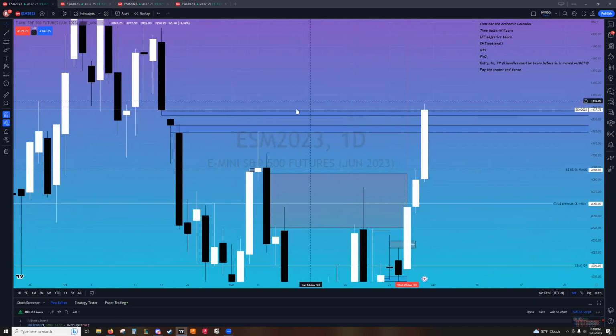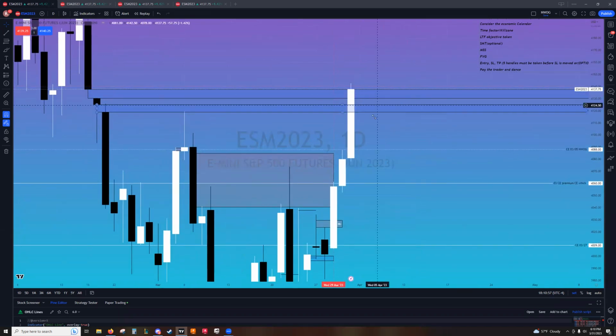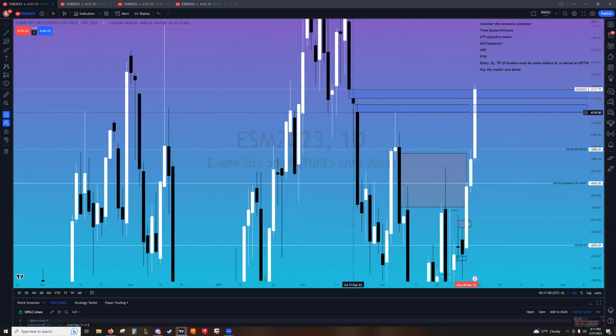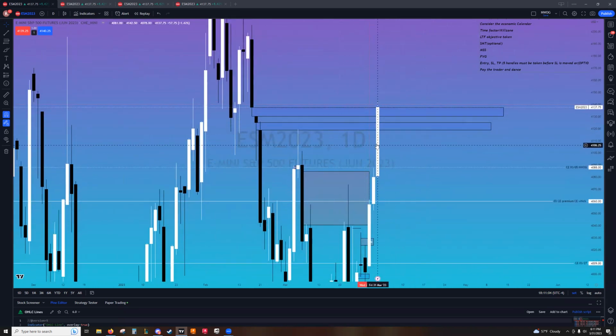These are levels that would have been pertinent for the daily analysis. This would have been marked out on my chart as just something to keep my eye on throughout the day, possibly throughout the week, as it happened last month.